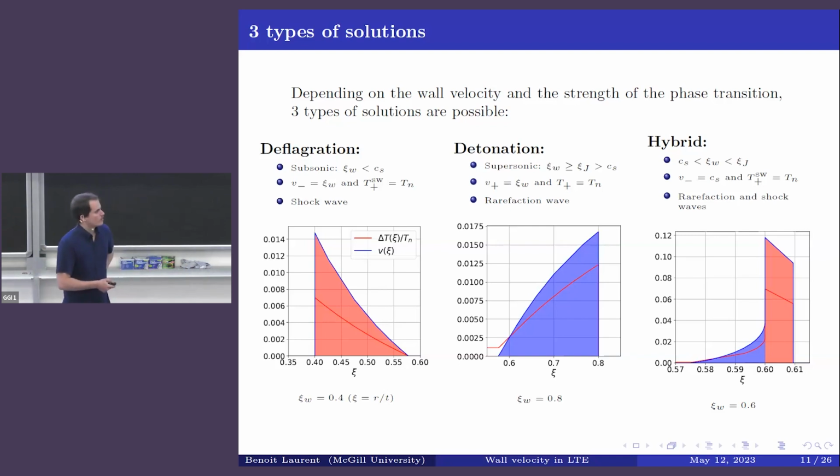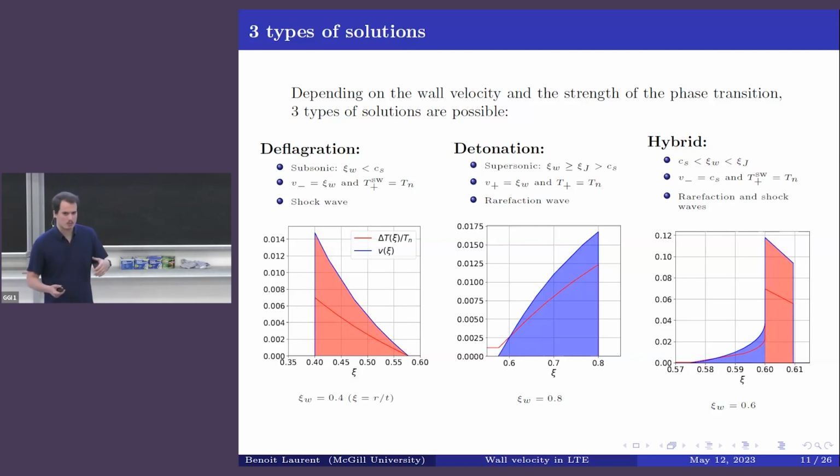But because of the shock wave, it turns out that hybrid and deflagration will behave in a very similar way, simply because the boundary conditions have a very similar structure in both cases. In both cases, we have the velocity given behind the wall and the temperature in front of the shock front.